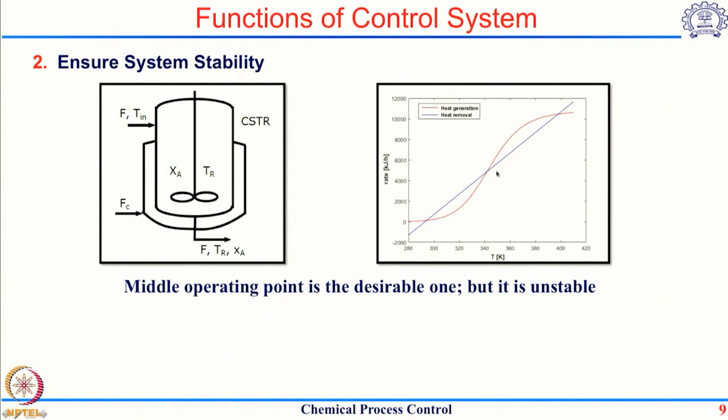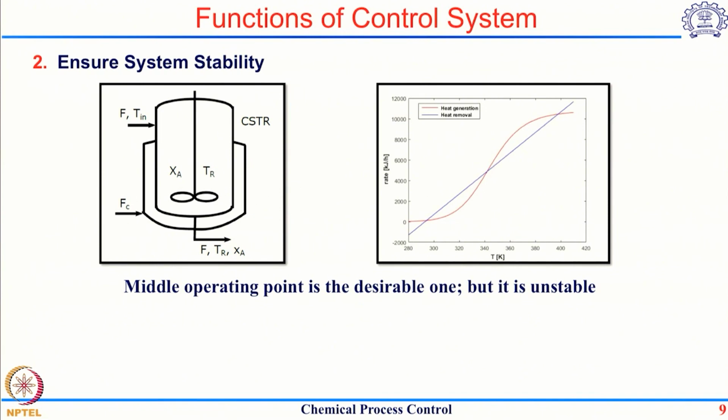So the job of a control system in this case is to ensure that in the case of disturbances, the system does not deviate away from this steady state, but is brought back again to this same steady state. So that is done by manipulating the coolant flow rate.